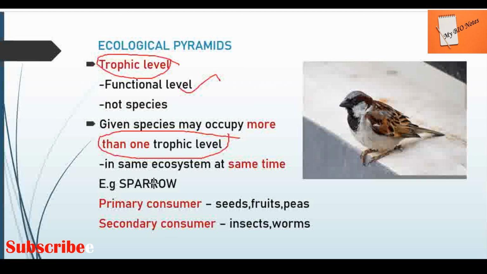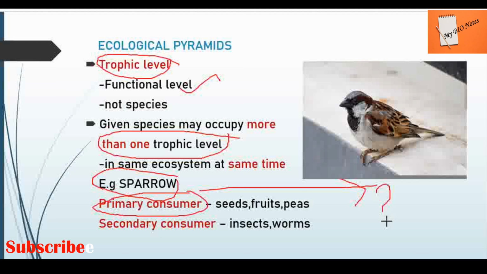Let's take the bird sparrow. The sparrow is a primary consumer. How do we say it is a primary consumer?